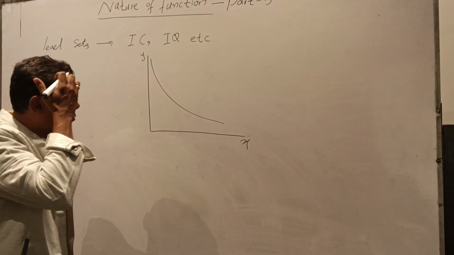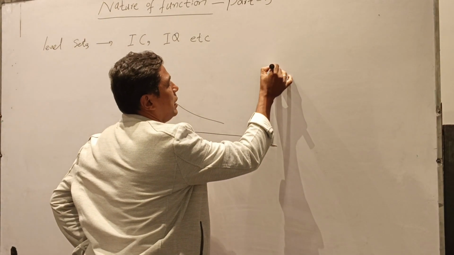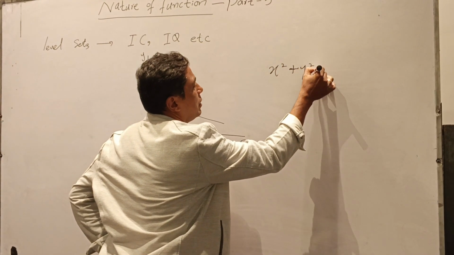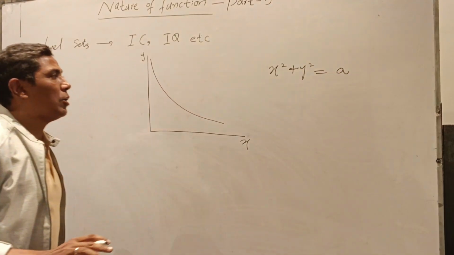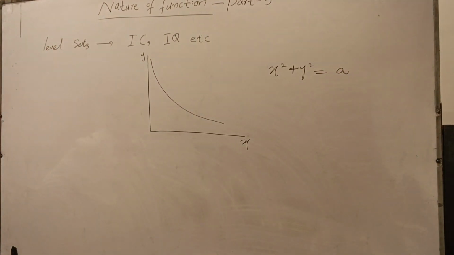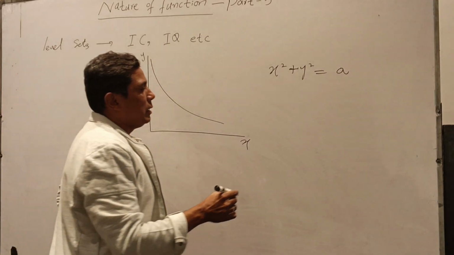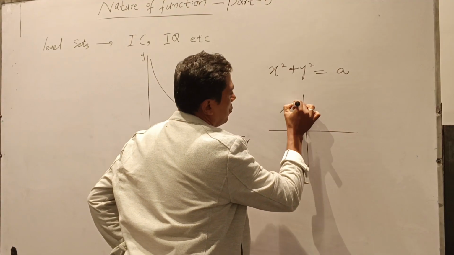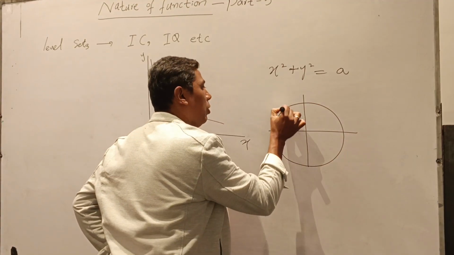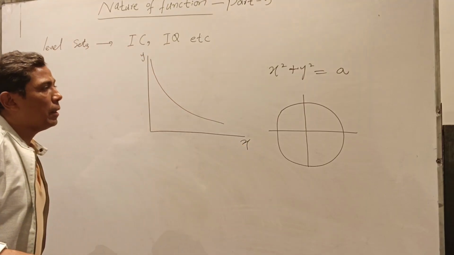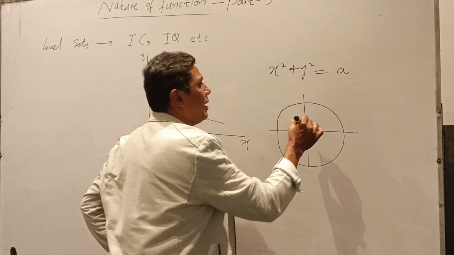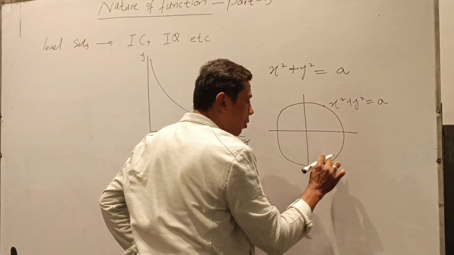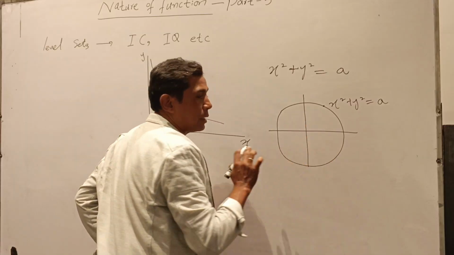Let's say we have another example, like in case of the circle, x square plus y square equal to a. This is the equation of a circle. Normally when we plot this equation of circle in four dimensions, or the four quadrants, x square plus y square equal to a along that circle.